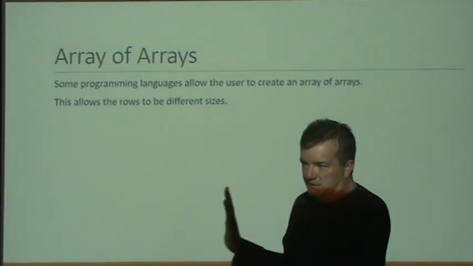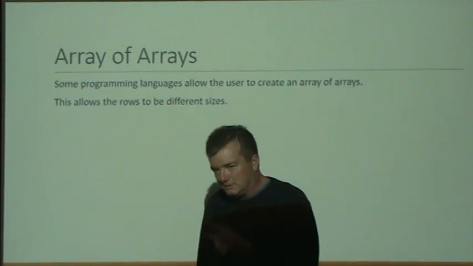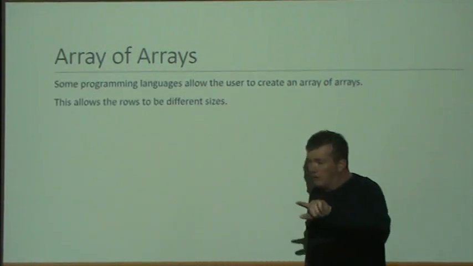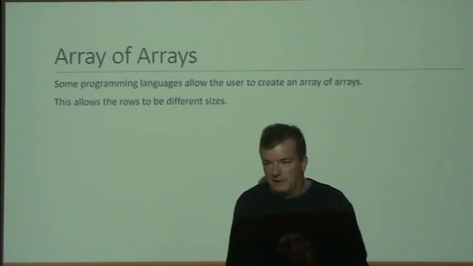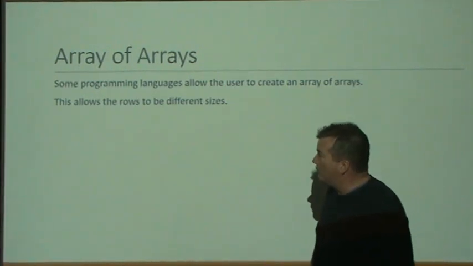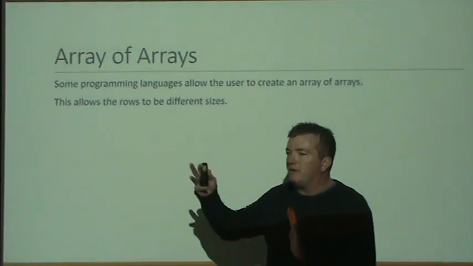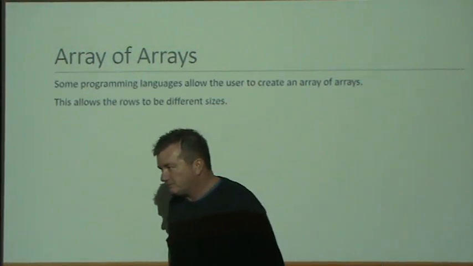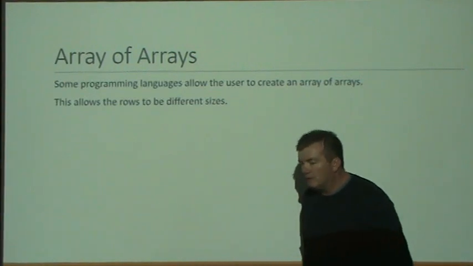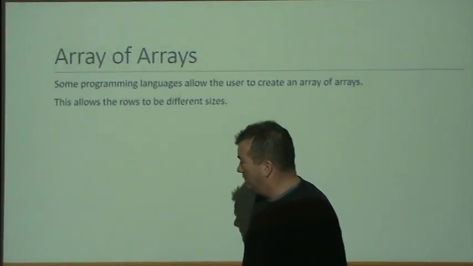They go from 0 to n minus 1, or 1 to n. It's their choice. Some programming languages allow multiple dimension arrays, and some kick it up a notch further, and they allow arrays of arrays. This would allow the columns to be variable in size. This would make computing the location of a field very time consuming.